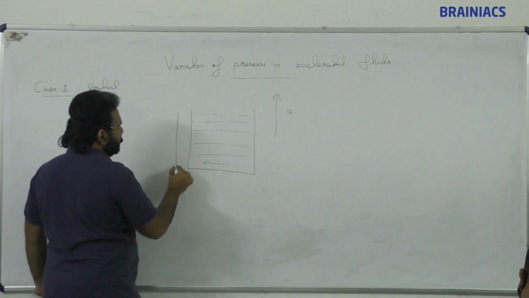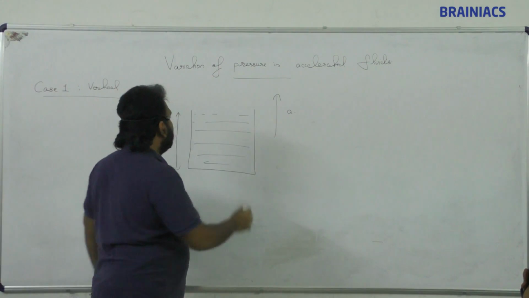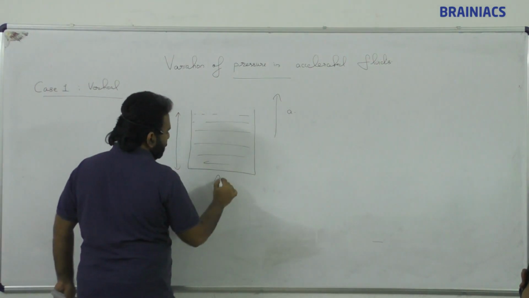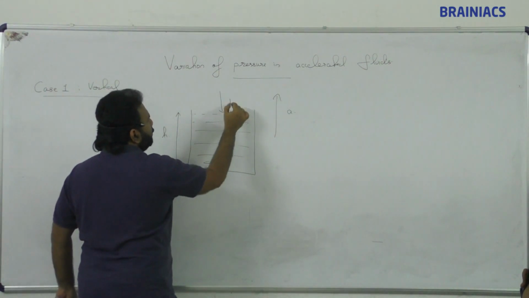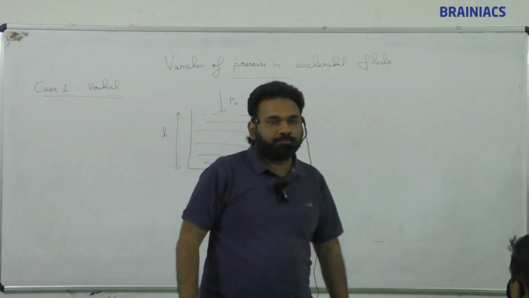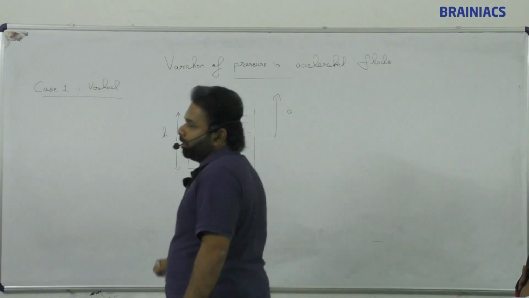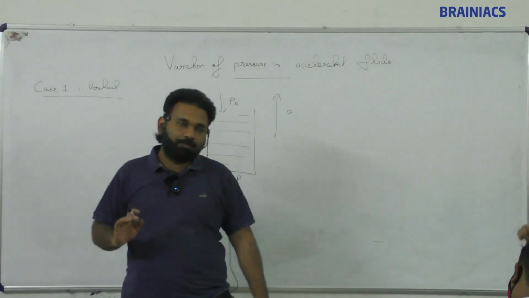Now this height is H, and this area is A. Atmospheric pressure P naught. All these things are there, and here the pressure is P and it is moving upwards.